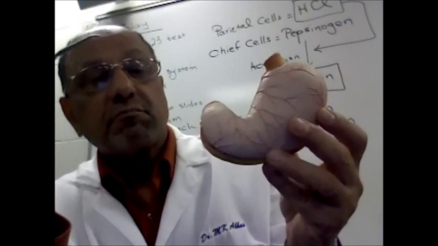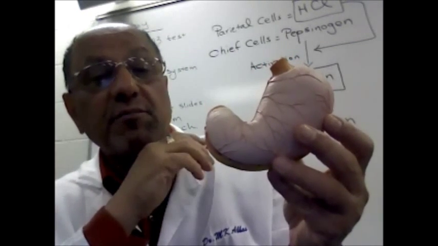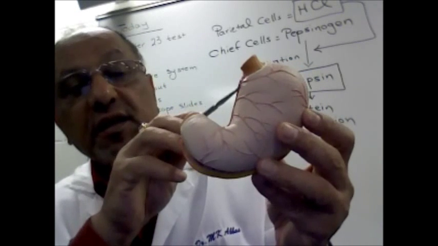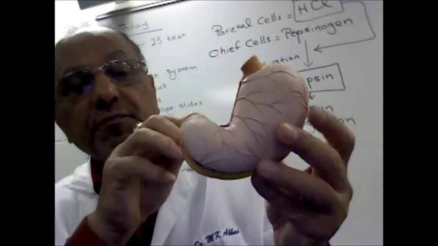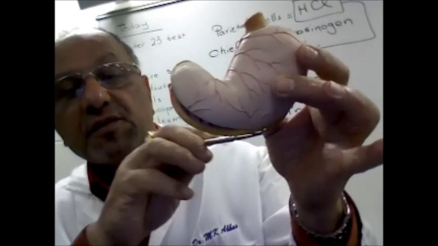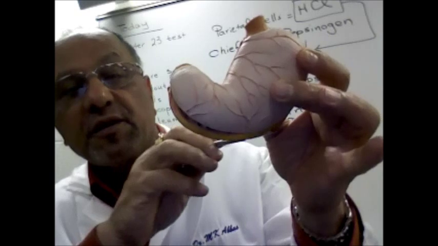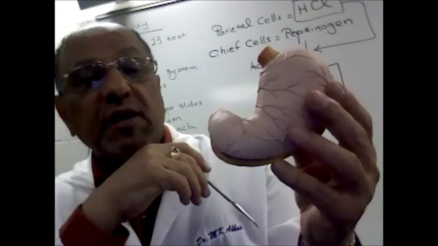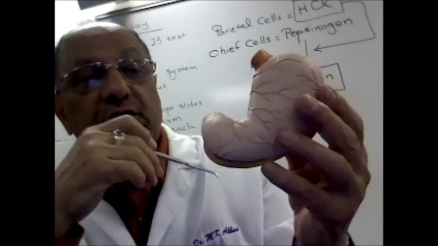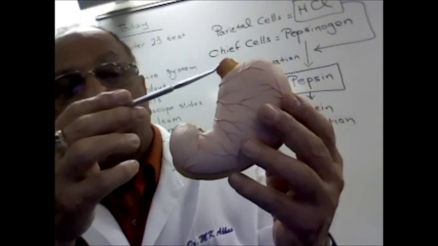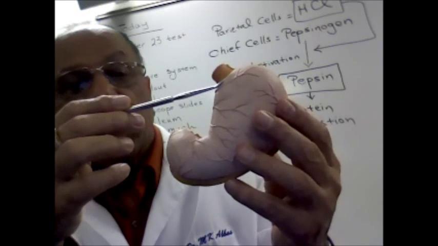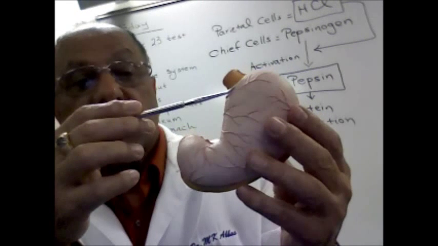And notice the shape of the stomach, and because of the shape it has two curvatures. This is known as the lesser curvature, and this is known as the greater curvature. The stomach is also divided into four regions. This is the esophagus, so the area where the esophagus connects to the stomach, that is the cardiac region.